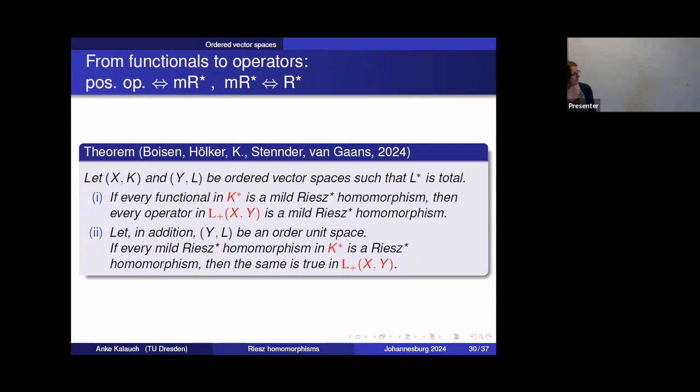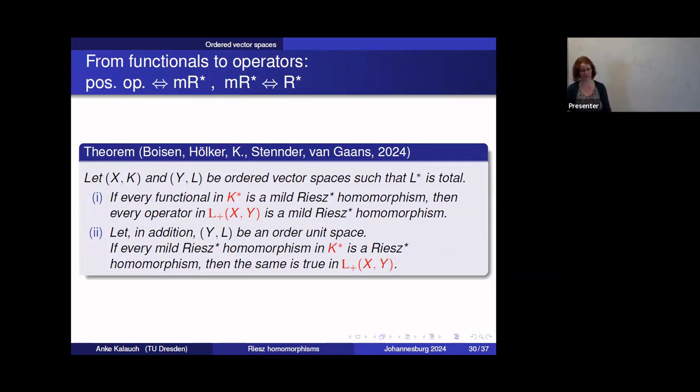And recently we were checking whether something similar is true for mild V star homomorphisms. And indeed, under mild technical assumptions, if every functional in K prime, K star is a mild V star homomorphism, then every positive operator is a mild V star.